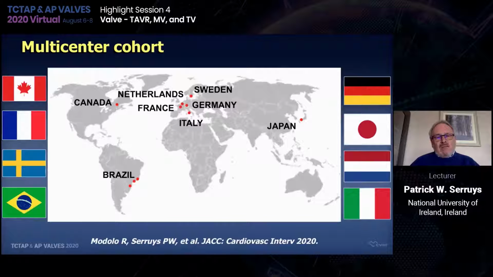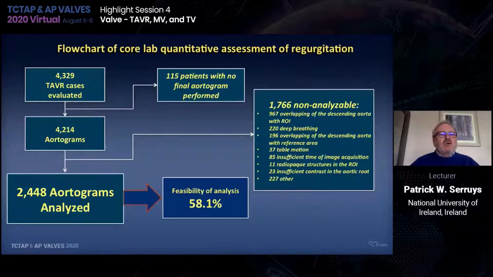You see, we had friends in Canada, Brazil, Netherlands, France, Sweden, Germany, Italy, and Japan. So altogether, we had 4,329 TAVI cases in 115 patients. There were no final aortograms performed in some.